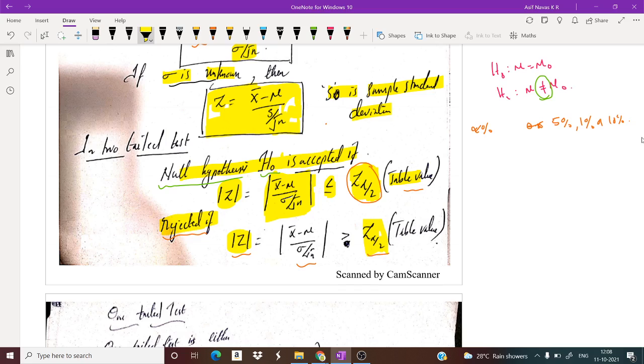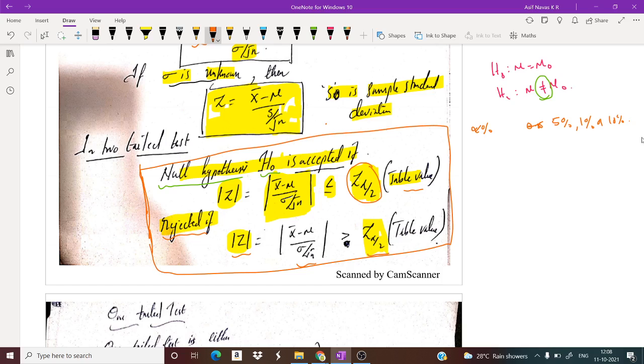Okay, so this is very important, so note it down. The null hypothesis is accepted when mod z is less than or equal to z alpha by 2 and rejected when mod z is greater than z alpha by 2.